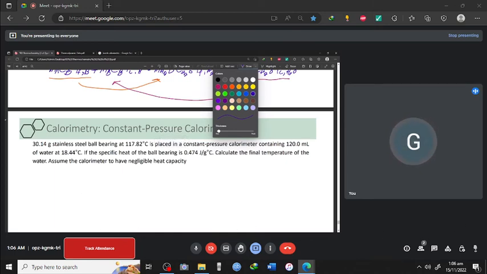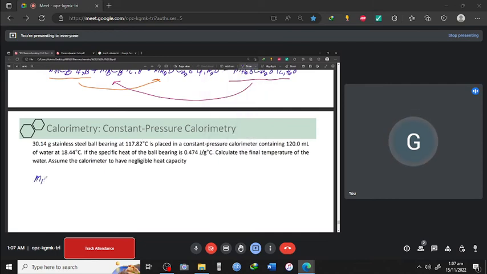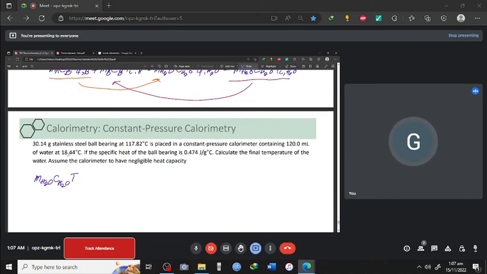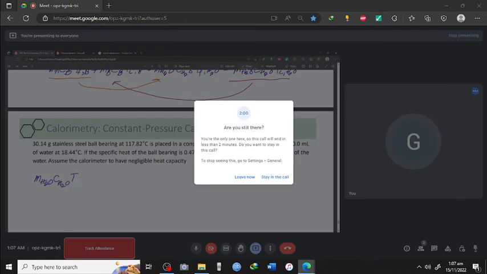So, that will be MH2O CH2O T, ano yung nasa equation sa taas? TI. Okay, so that is temperature final na lang muna. Start muna tayo dito sa final pala, sorry.